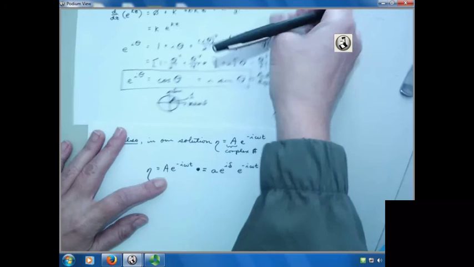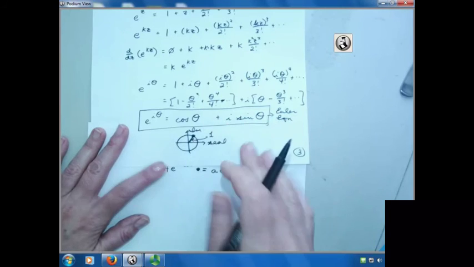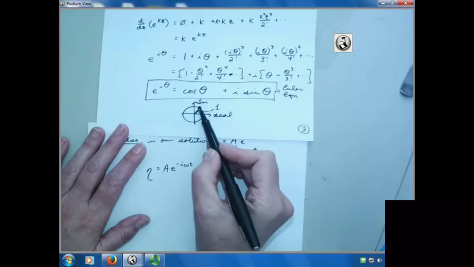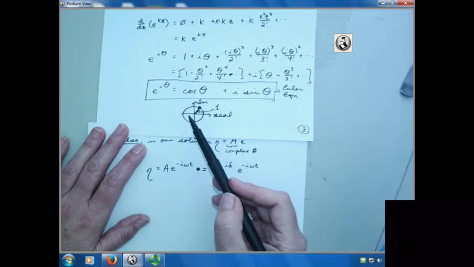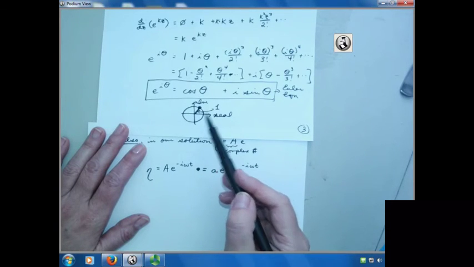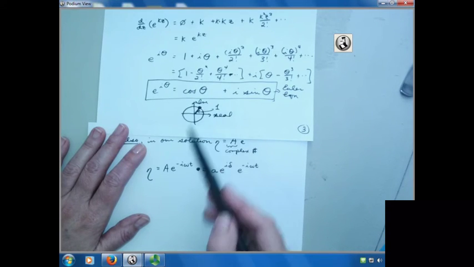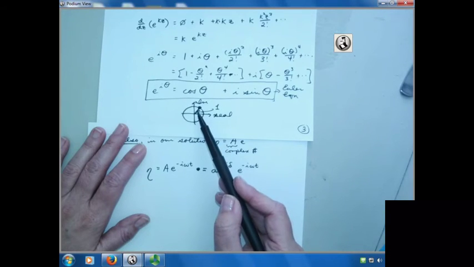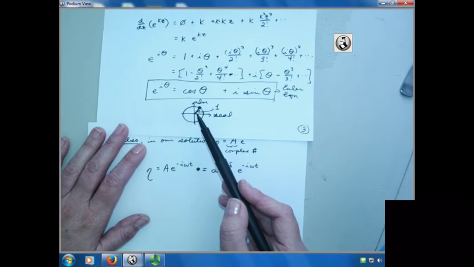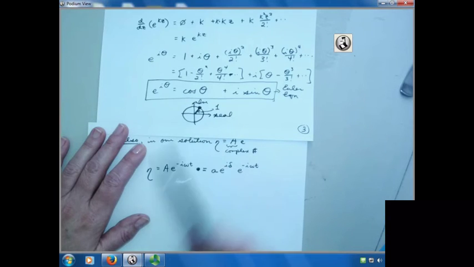So what that's doing is taking a complex number, one that has a real and imaginary part, and if I don't vary theta, then if I just multiply by a constant, that constant out front will be equal to the magnitude of that complex number. And I can just include this e to the i delta term to tell me the phase angle in the real imaginary plane.